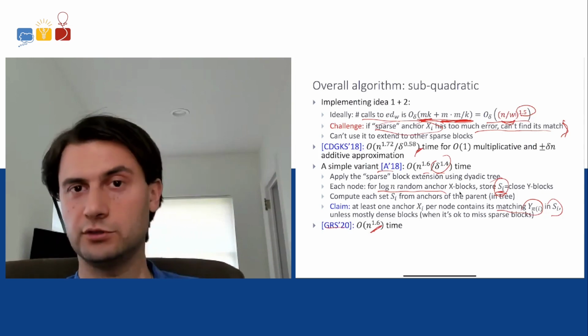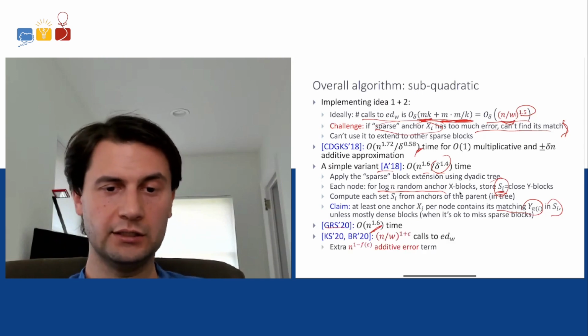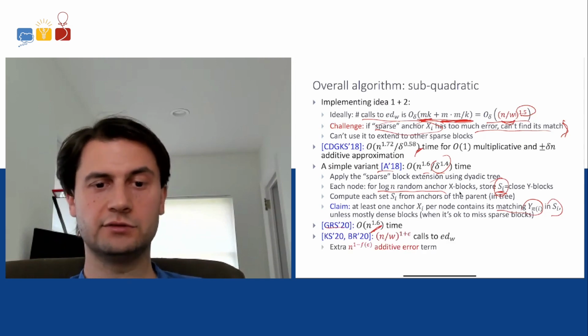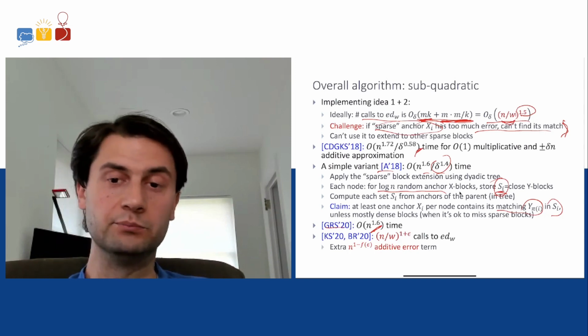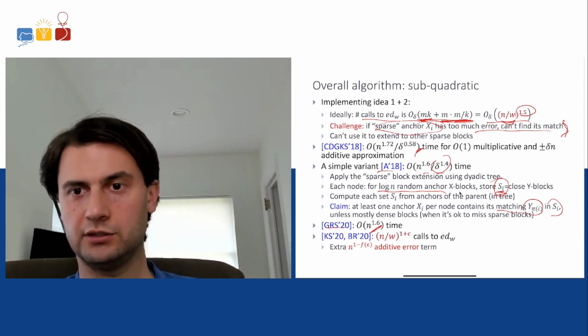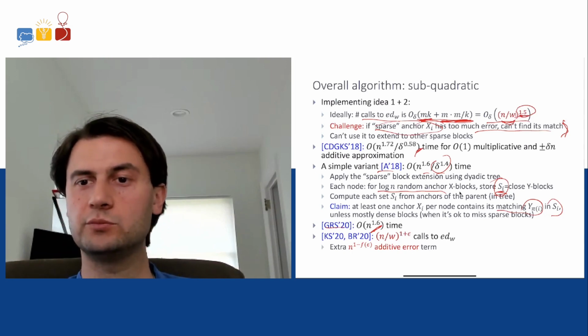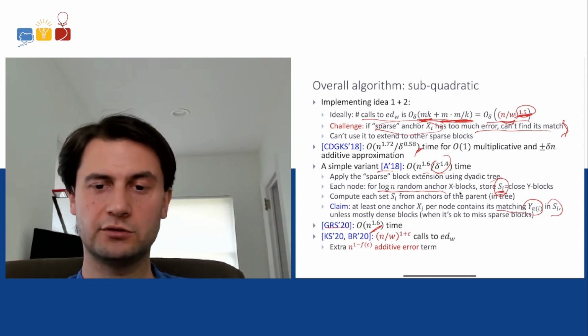Sounds plausible, but we don't know how. As I already mentioned, these other two papers in 2020 improved the number of calls to this oracle, improving the n to 1.5 exponent to 1 plus epsilon, but at the cost of an additive error term.